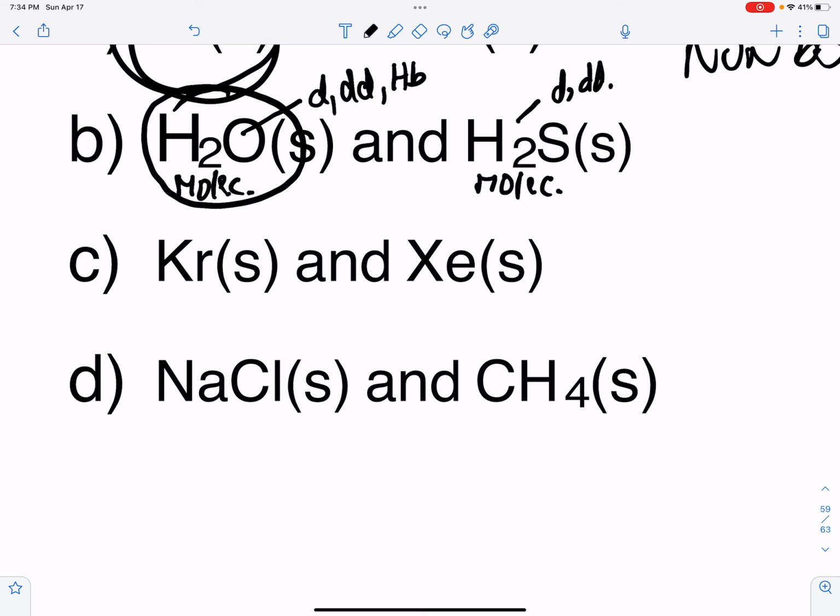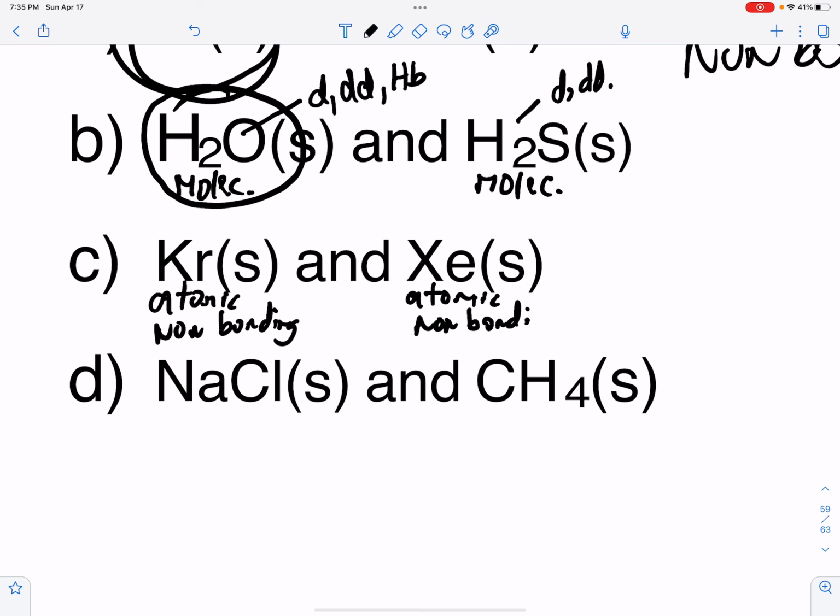Then we have atomic non-bonding because it's a noble gas forced into a solid. This is also atomic non-bonding, another noble gas. So what's going to make the difference is going to be their size or their mass.